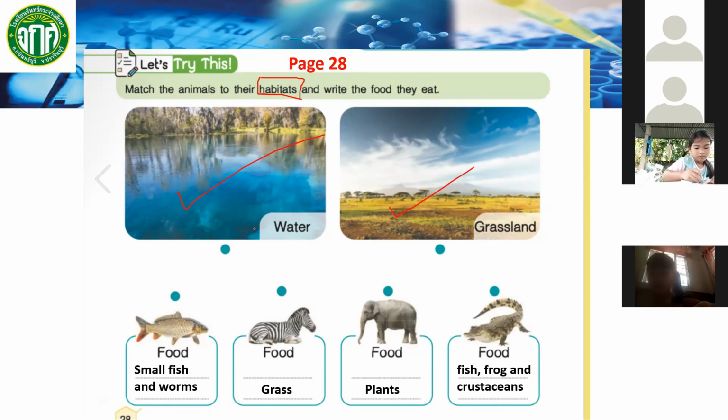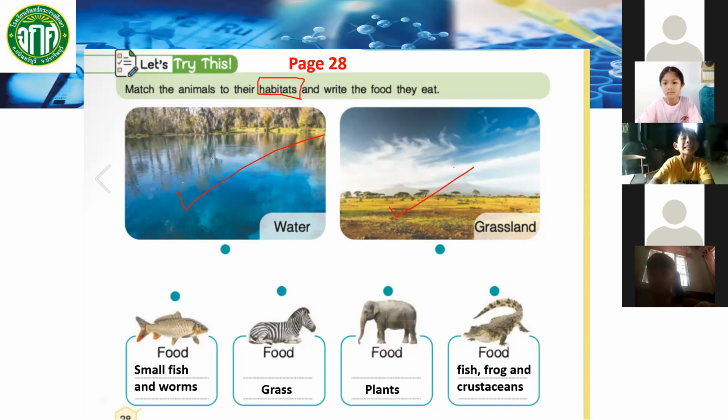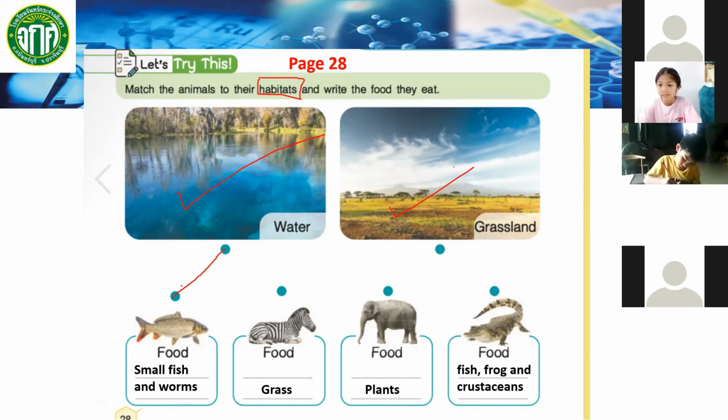Chloe Jai? In the water. All right, very good. So we are going to match from here to here. Please make a line connecting the water and fish. They are eating small fish and worms and many more.